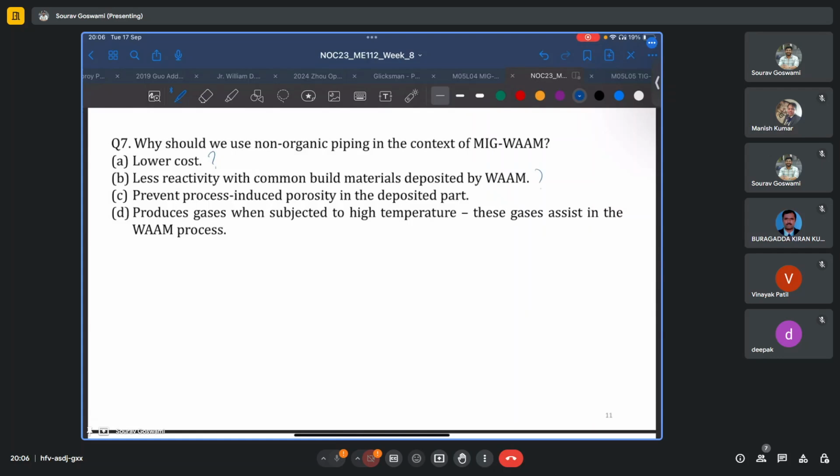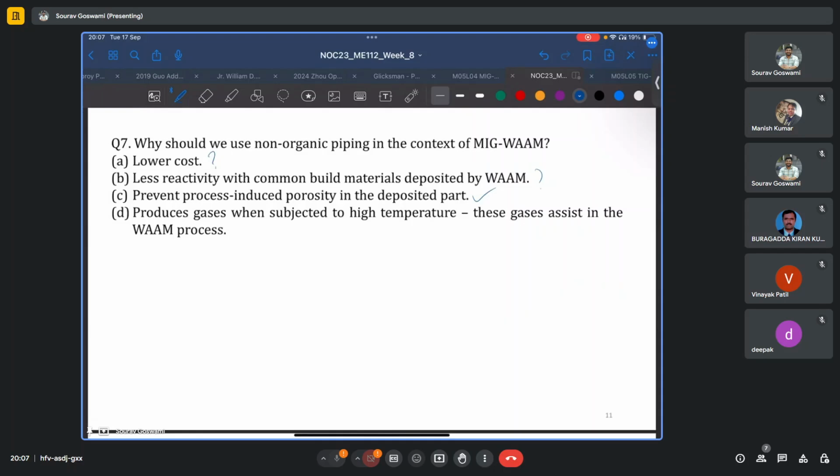Is it to prevent process-induced porosity in the deposited part? This is true, and as Professor Kapil explained, because of the use of organic piping material, some organic compounds also get trapped and deposited with the build part, and because of the higher temperatures, they may liberate some gases. Now, in the molten state, the solubility of gases in molten metals is high.